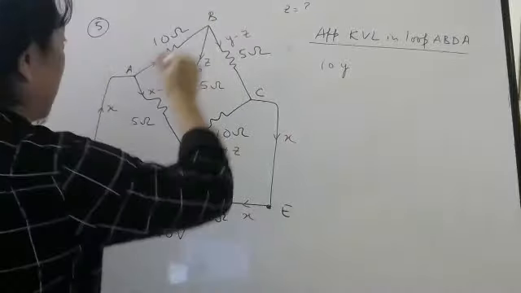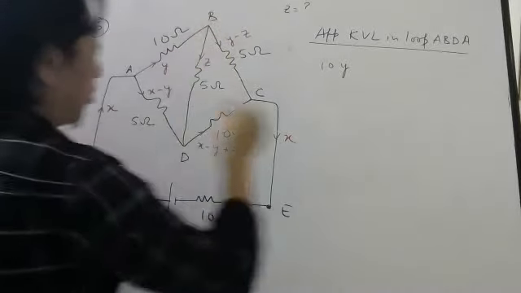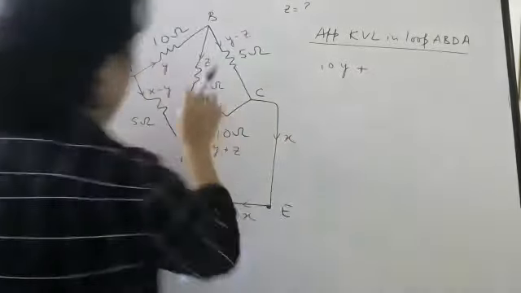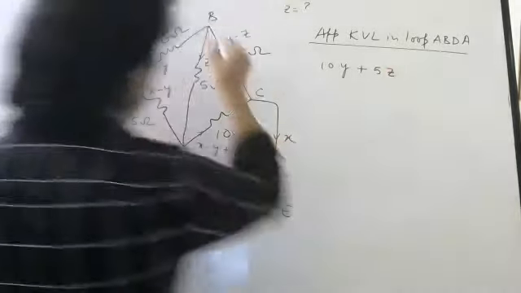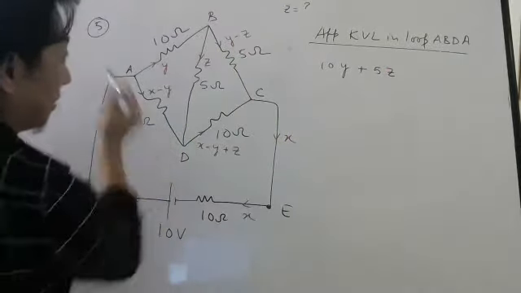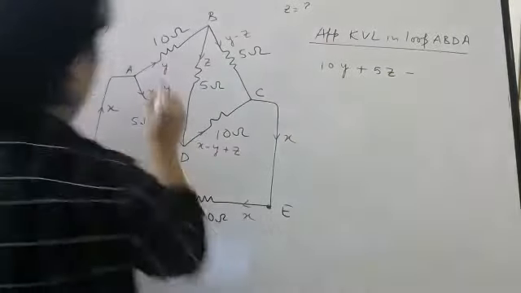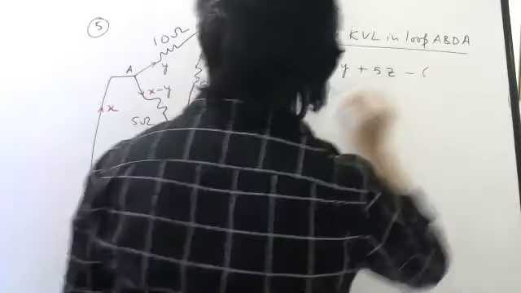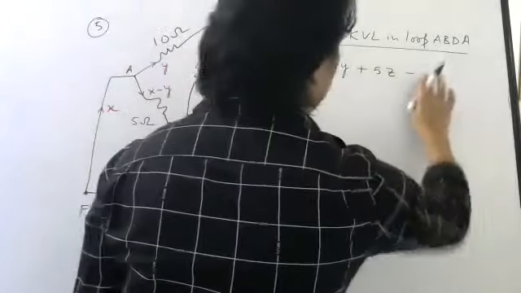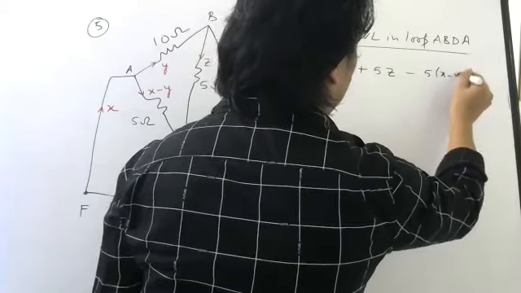Here, along the current, so drop, positive. Plus, current is Z, resistance is 5. So 5Z. Here, opposite to current, so minus. Current is X minus Y. Resistance is 5. So it will be 5 into (X minus Y).